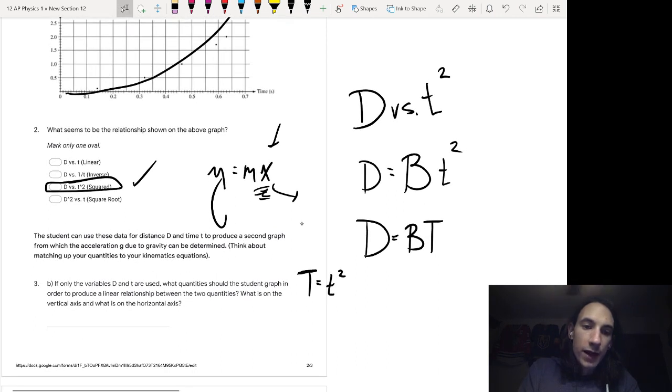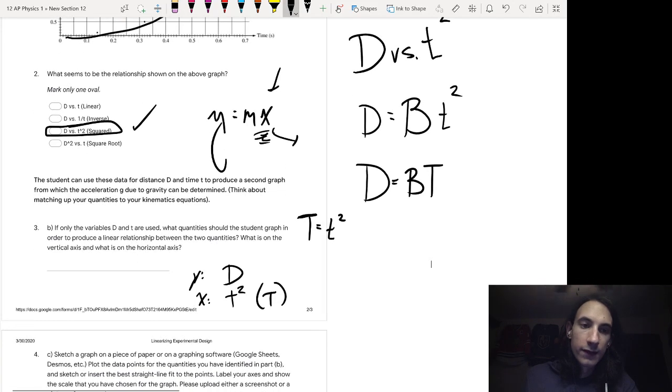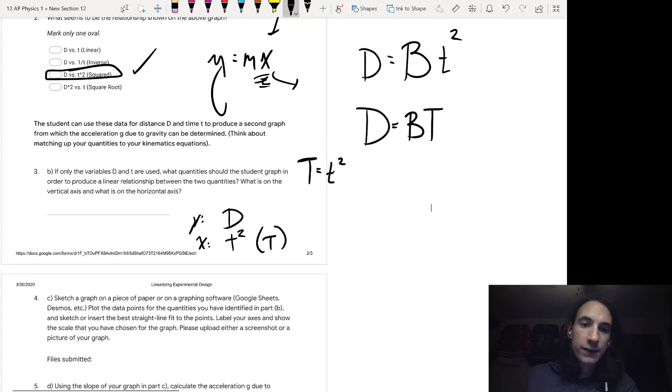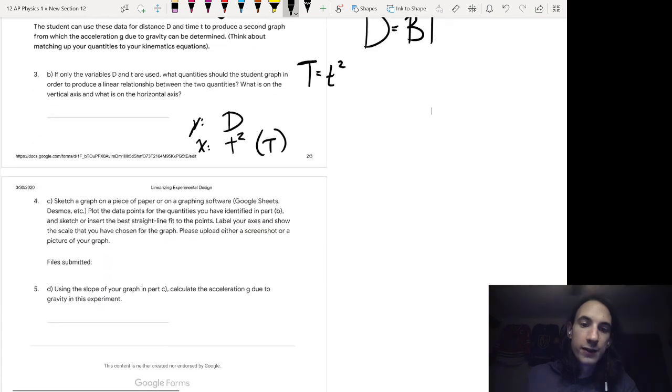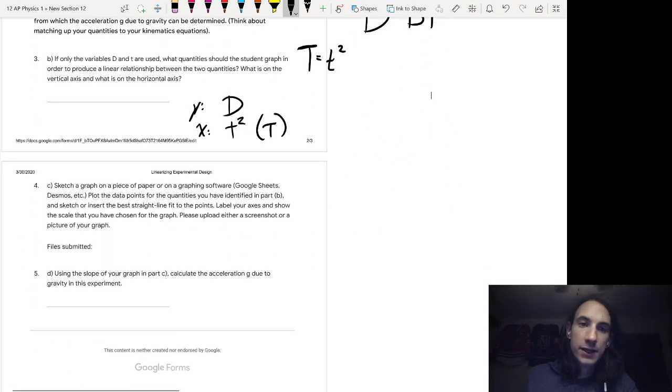So what I would want to graph is, on my vertical axis, d, and on my horizontal axis, t squared, or this big T.